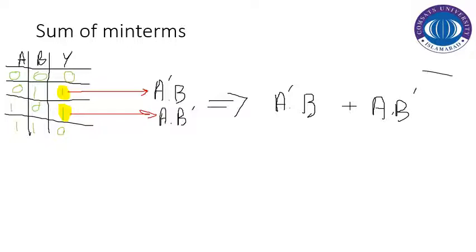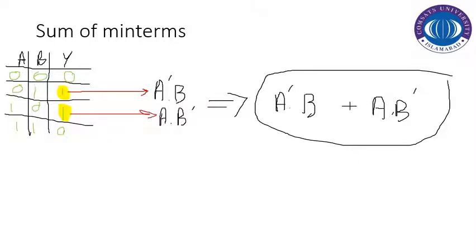Now in this particular example, we have extracted a Boolean function from the truth table in the format of sum of min terms. We can also do it the other way around. For example, we can convert that into the product of max terms, and the result would be same.